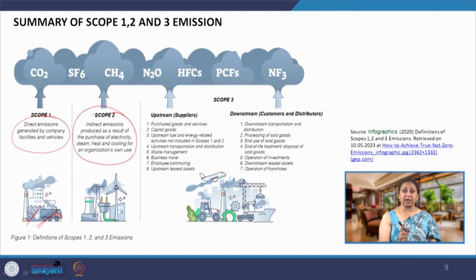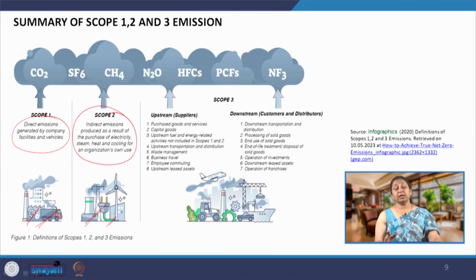So, we are not talking of the industrial processes here, we are only talking of the emissions which are resulting because of the production of electricity. So, we are talking about thermal power plants or any other plant, it could be solar plant or wind farm or anything, but the emissions that are taking place because of the production of electricity are here.